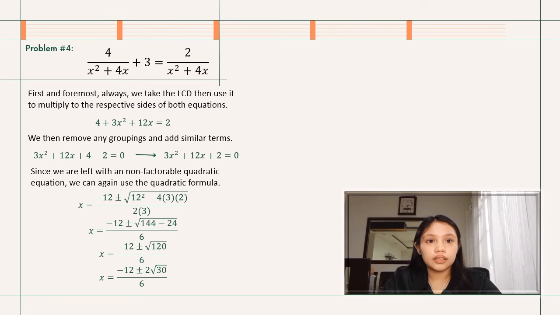Next, we simplify the square root of 120. We have x equals negative 12 plus or minus 2 square root of 30 over 6. So we can conclude that the values of x are negative 12 plus 2 square root of 30 over 6 and negative 12 minus 2 square root of 30 over 6.